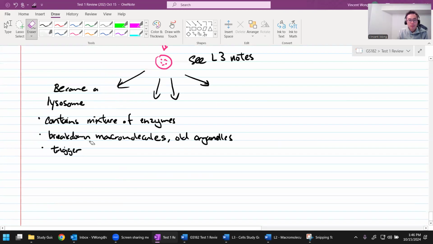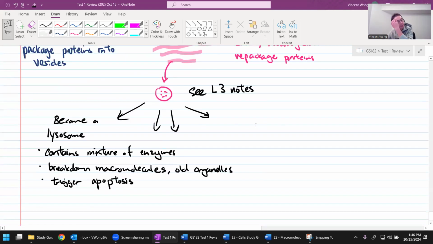We have a name for it, apoptosis. If the cell is not functioning properly, if it's too old, then the lysosome can release all of its enzymes and kill it.